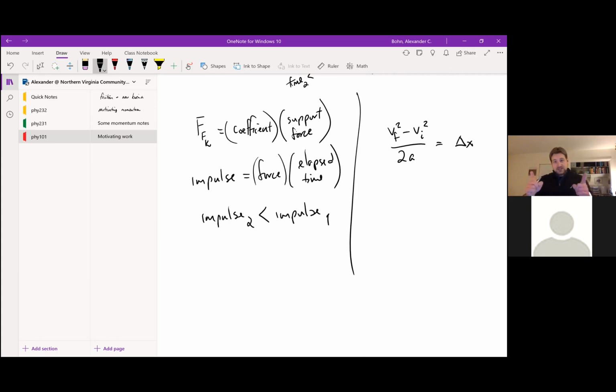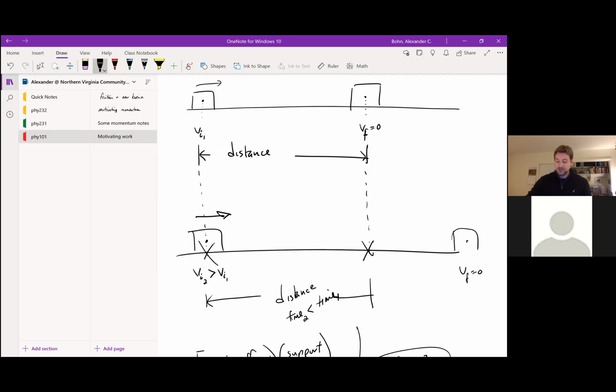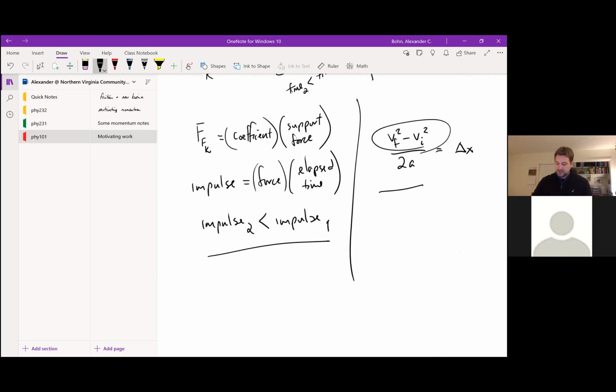So same distance, same acceleration, because friction is friction. Same difference in the numerator here. The speed that we have here versus the speed that we have here, if we square them both and subtract them, we'll get the same answer whether we were talking about the original case or the faster case. Impulse is different, but this story is the same.